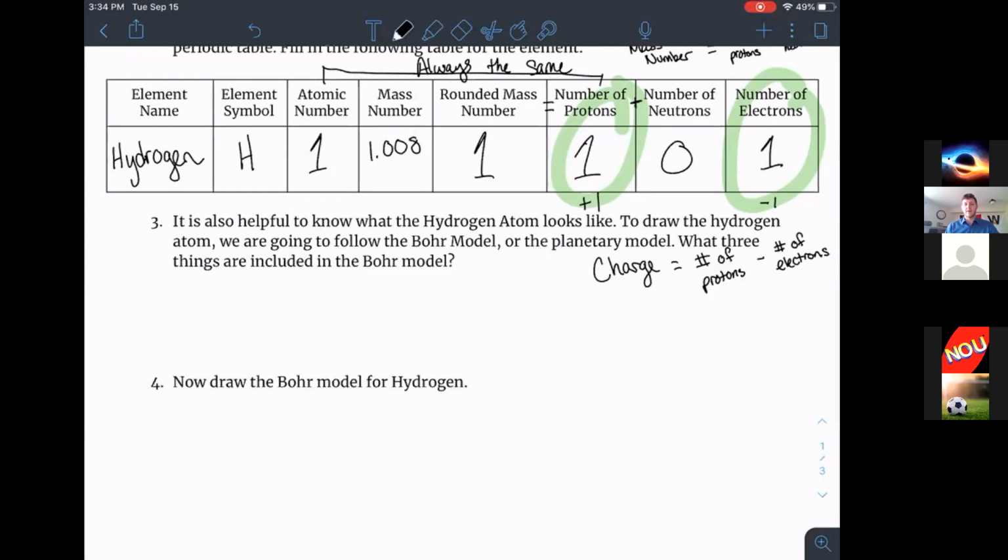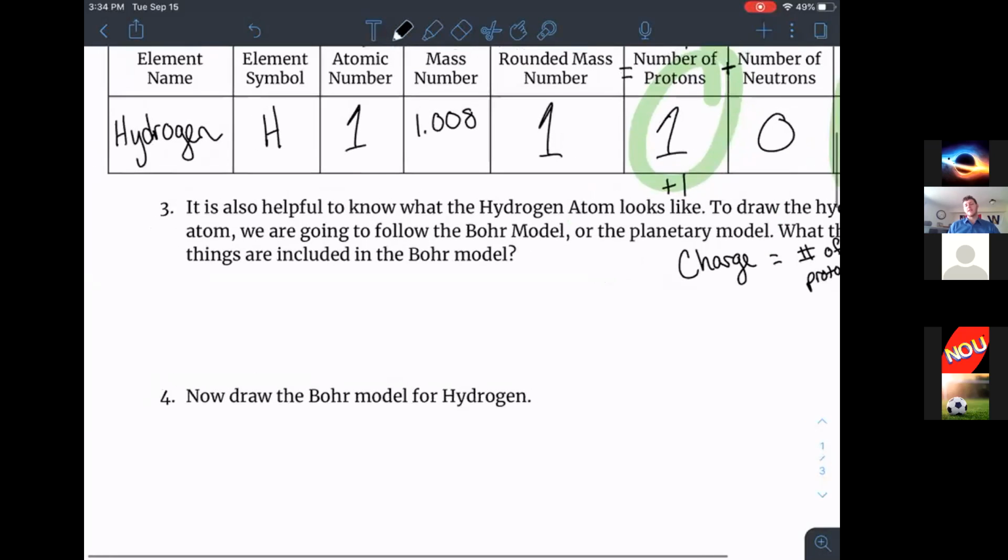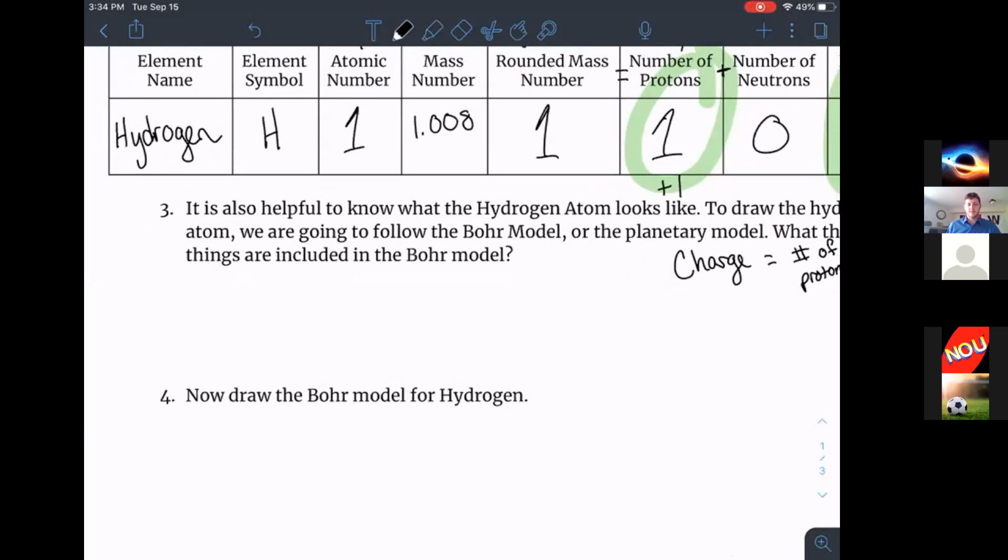Do you guys remember what 3 things we had to include? The nucleus of the atom. What goes in that nucleus? Protons and neutrons. So the nucleus consists of protons and neutrons.